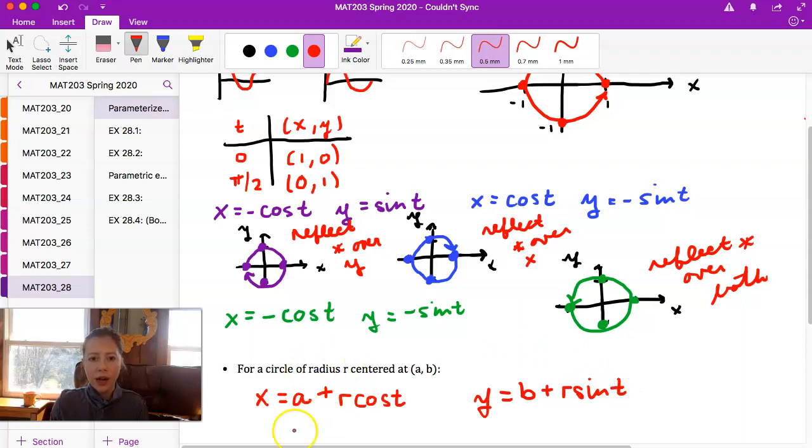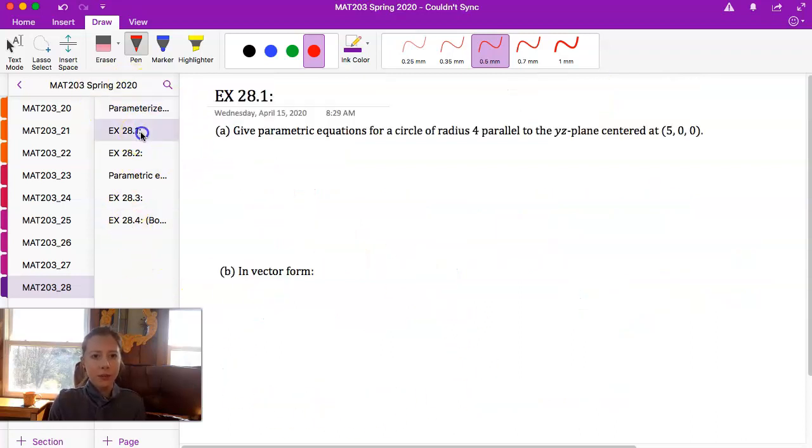Okay, so this is how to draw a circle of any radius at any center in the xy plane, for example. So now let's move on to an example using this. Let's give the parametric equations for a circle of radius 4 parallel to the YZ plane centered at (5, 0, 0).